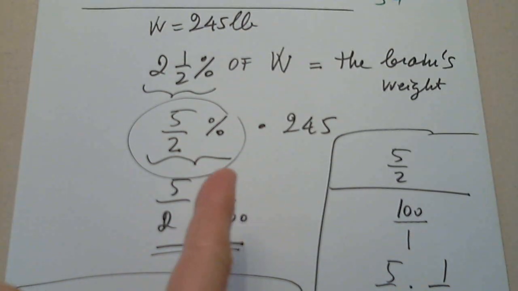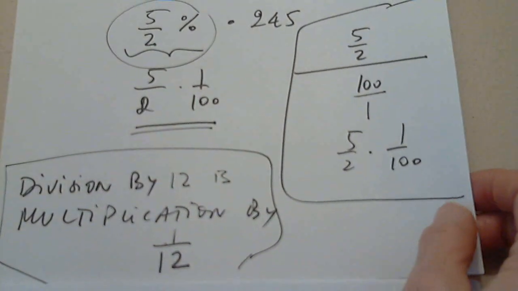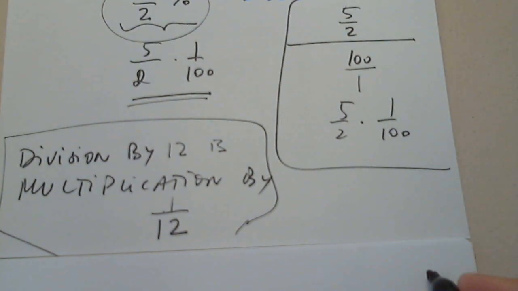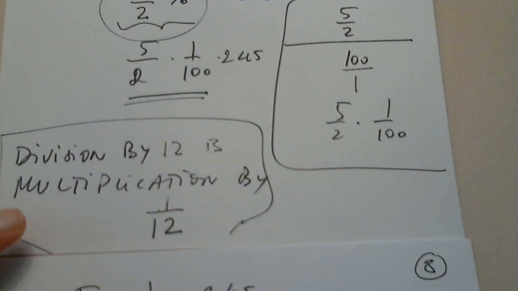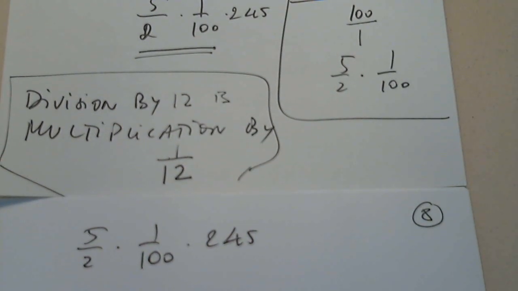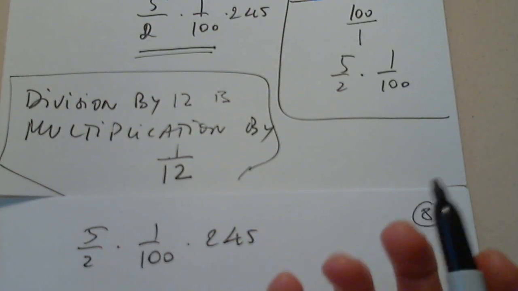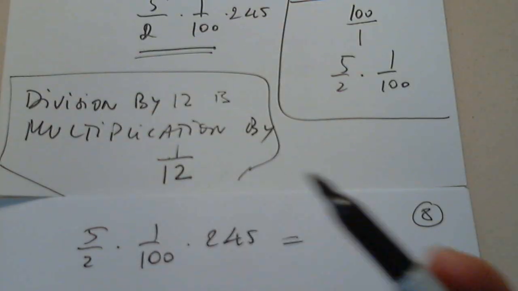Good. So coming back to our problem. We have 5 over 2 times 1 over 100 times 245. Let's simplify a little bit. We can put it in the graphing calculator, it's not important really, but let's illustrate.